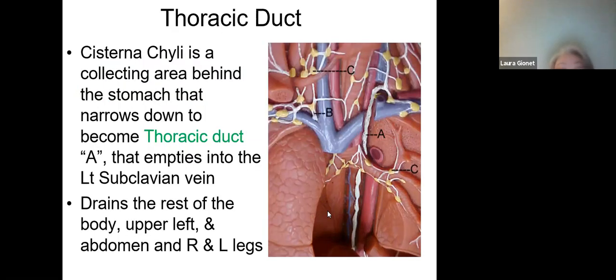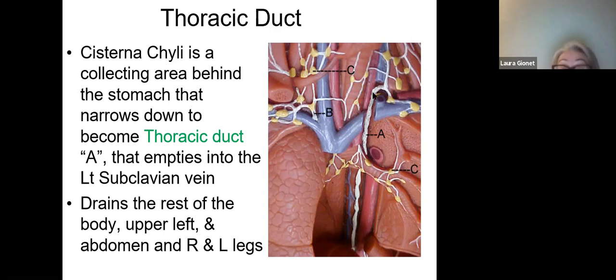The thoracic duct assumes the name thoracic duct when this duct originates just superior to the cisterna chyli in the abdomen. So the cisterna chyli is a collecting area behind the stomach that narrows down to become the thoracic duct. That white tube A, that's the thoracic duct, that you can see here in its entirety.